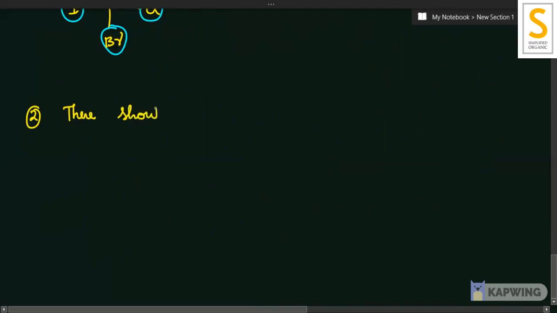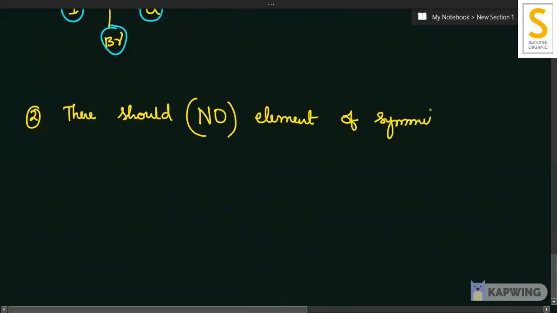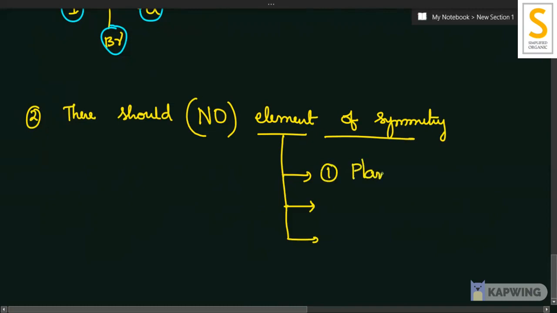There should be no element of symmetry. Now, what do you mean by element of symmetry? Elements of symmetry are of 3 types. First one, plane of symmetry, represented as POS.